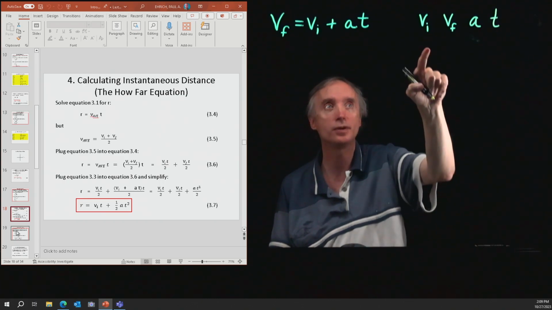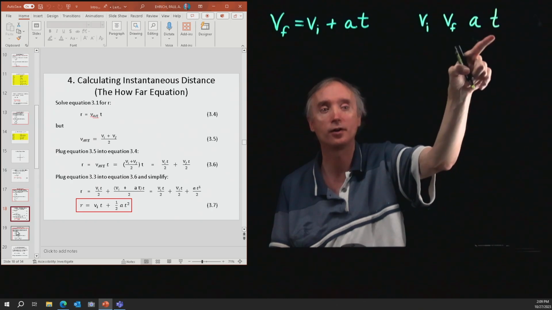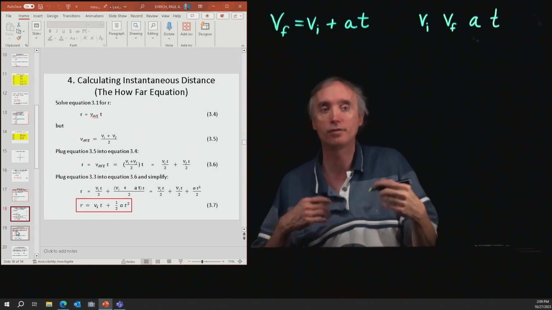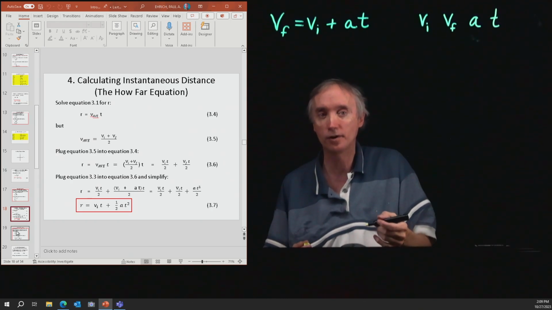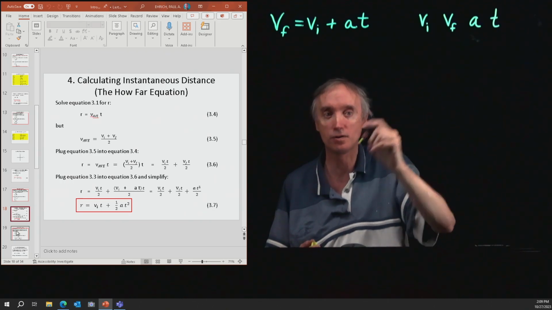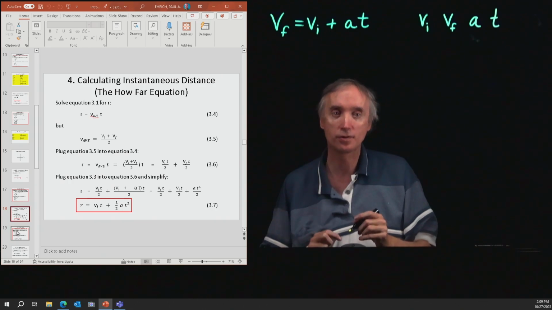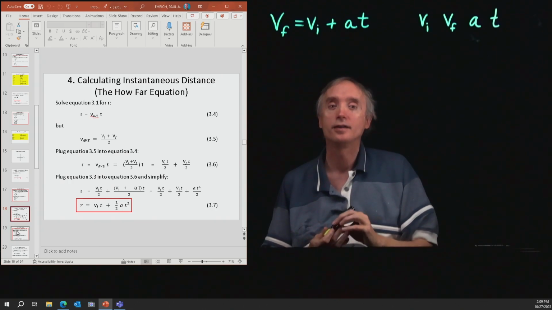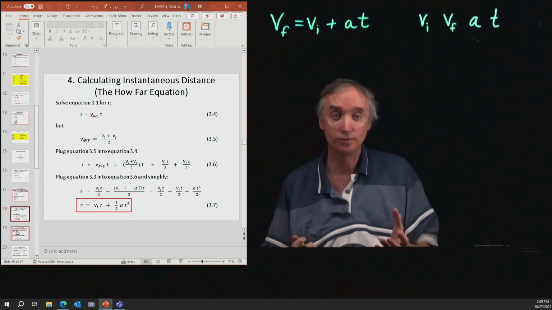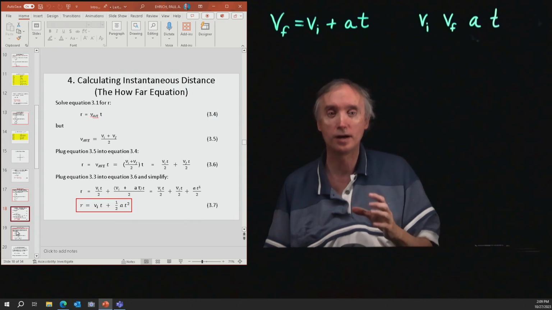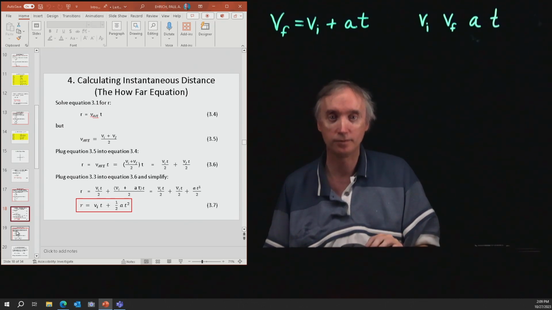So notice it depends on 4 variables, and you've got to have 3 of the 4 variables in order to be able to solve for the 4th one. So now let's look at this other one here. Now, if you're one of my students, don't worry about the derivation, okay?